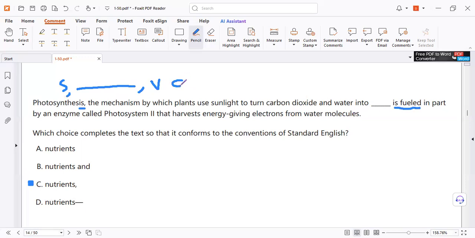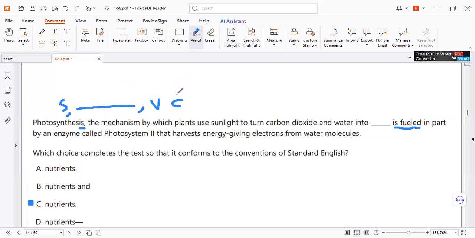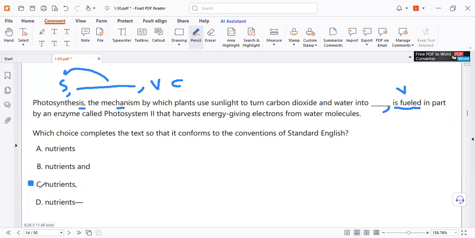This comma is necessary for non-essential information. How can you know? This information describes the subject before, 40 senses and mechanism by, and then the verb. It checks the agreement and the meaning. 40 senses is fueled in part by, yes, singular, so we need a comma before the verb and a comma after. So letter C.